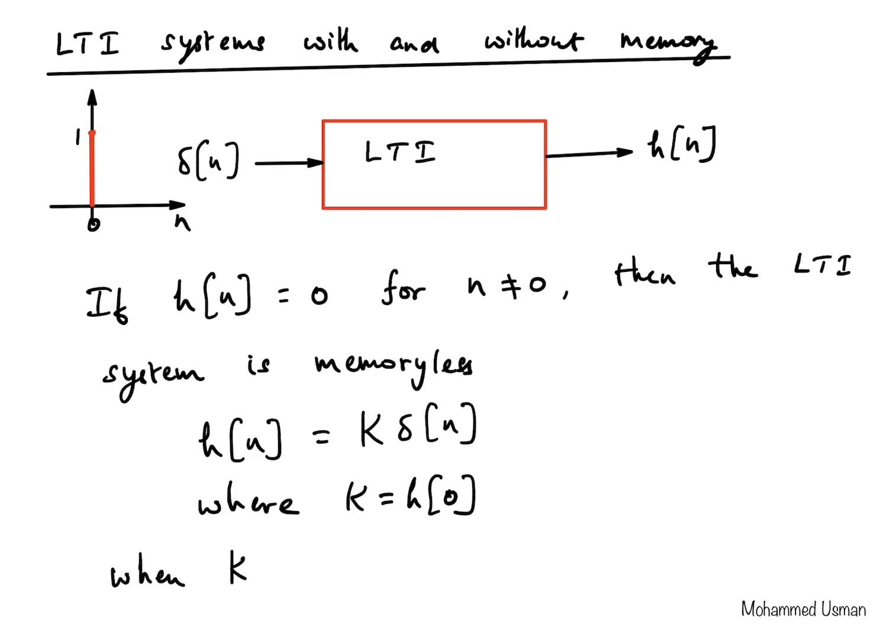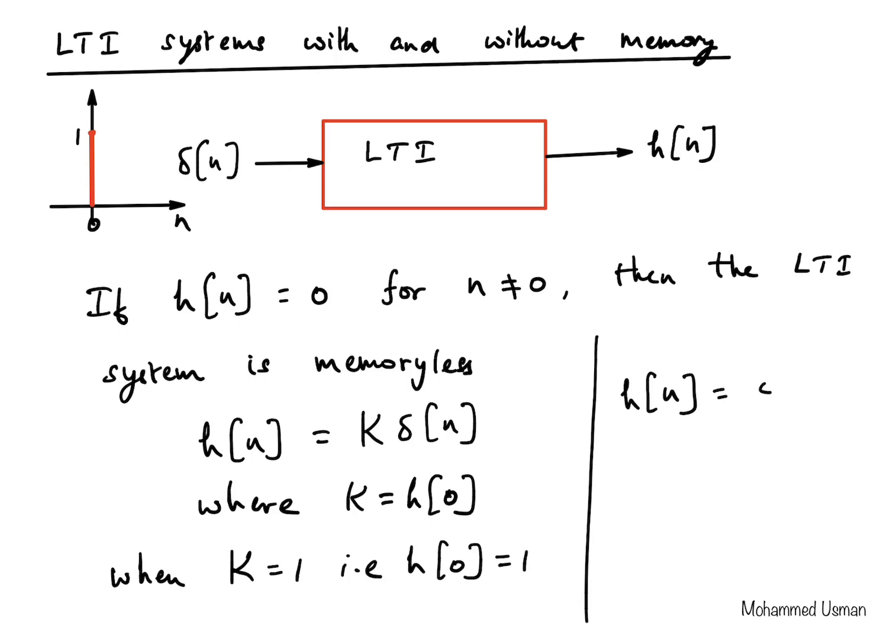So when this factor k equals 1, that is h of 0 equals 1. What is the relationship between the input and output when the input is an impulse?